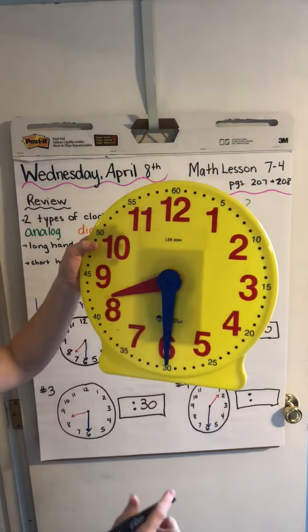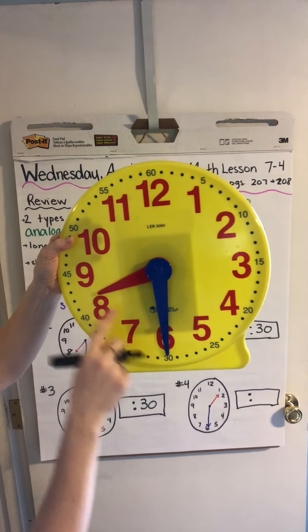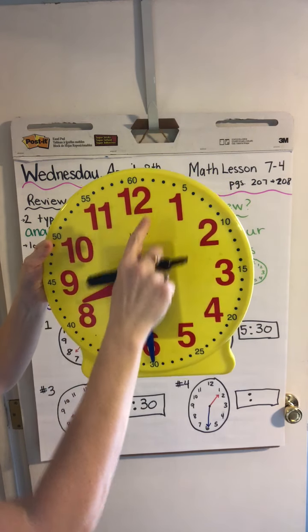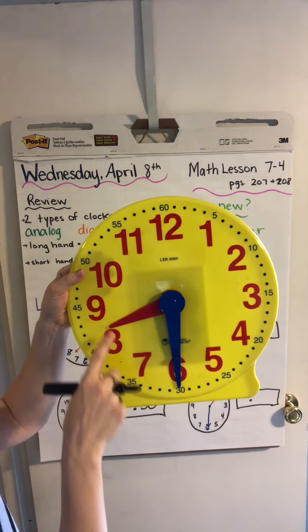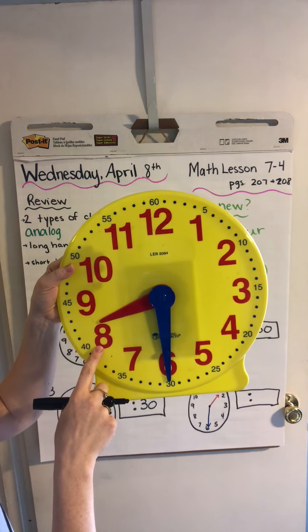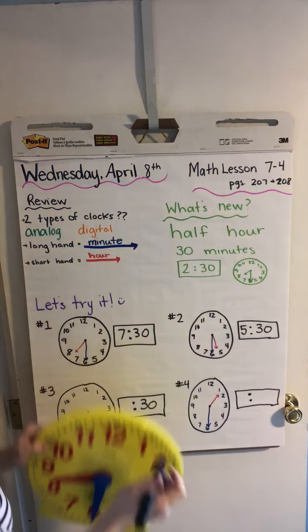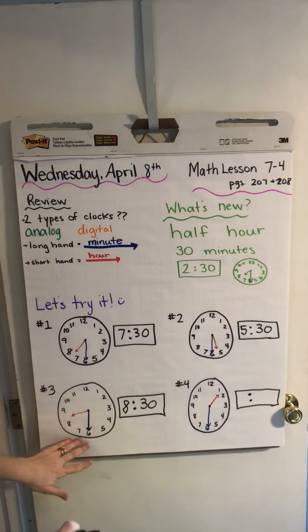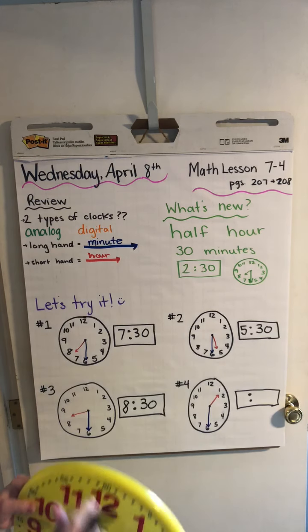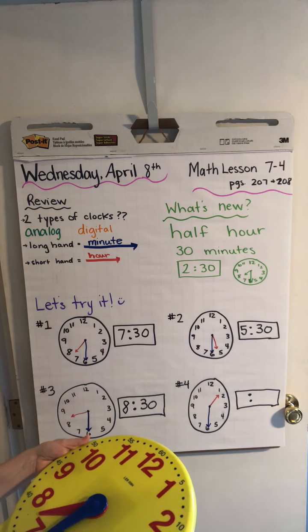And looking at the hour hand, it is between the 8 and the 9. If this keeps going, it will be 9 o'clock soon, but it's not 9 o'clock yet. It's still in the 8th hour. It's still 8, and we already figured out minutes 30. So we have to put an 8 for the hour. This clock shows 8:30.